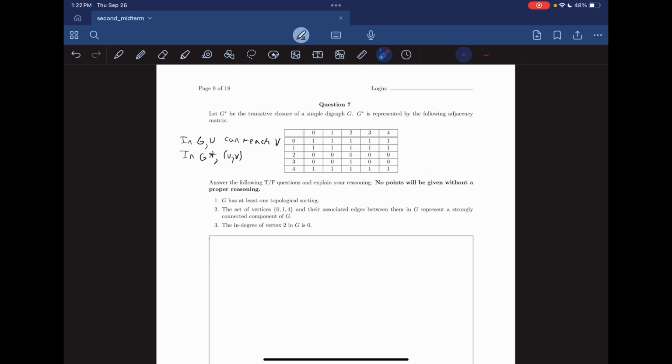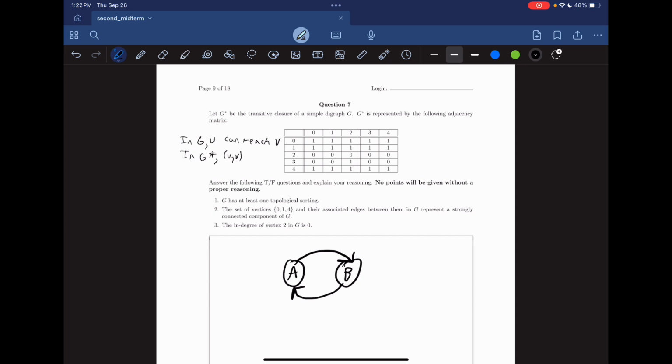But one of the things that I will tell you now with topological sorting is that if a graph with a vertex A and a vertex B has a cycle, in that there is an edge from A to B and an edge from B to A, then it is impossible for that graph to have a topological sorting, because there is no way to order A and B so that you have all the edges going from left to right. There is no way to order those vertices in that way.